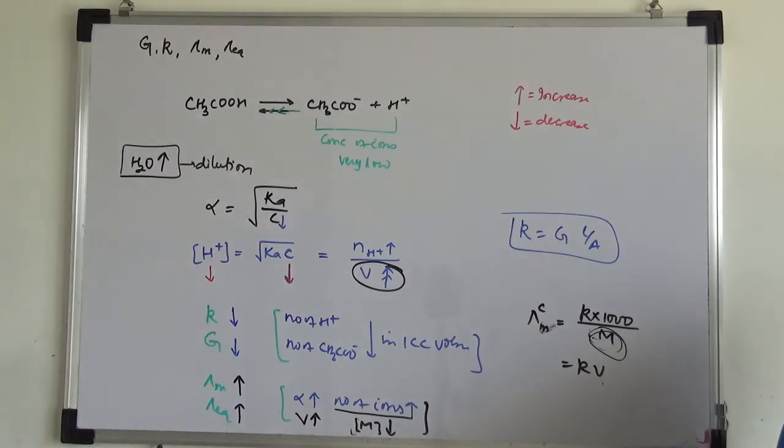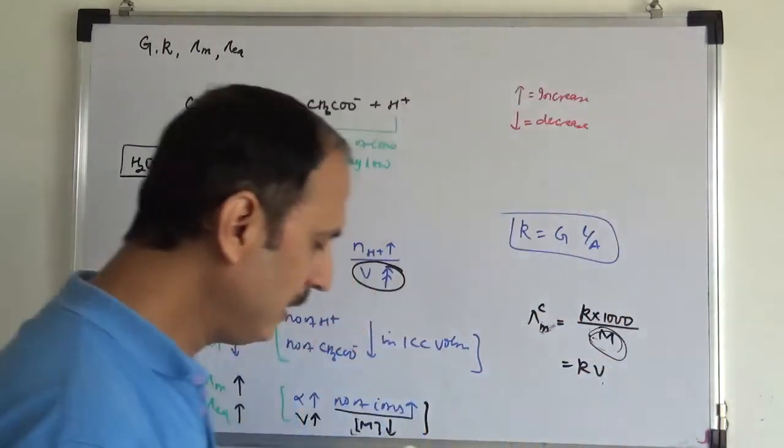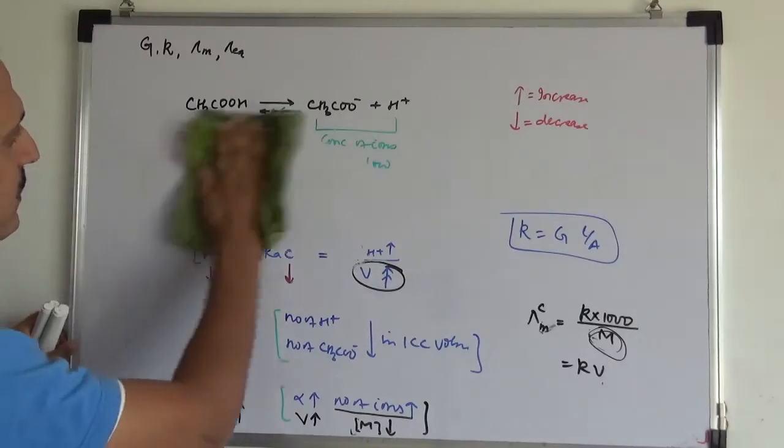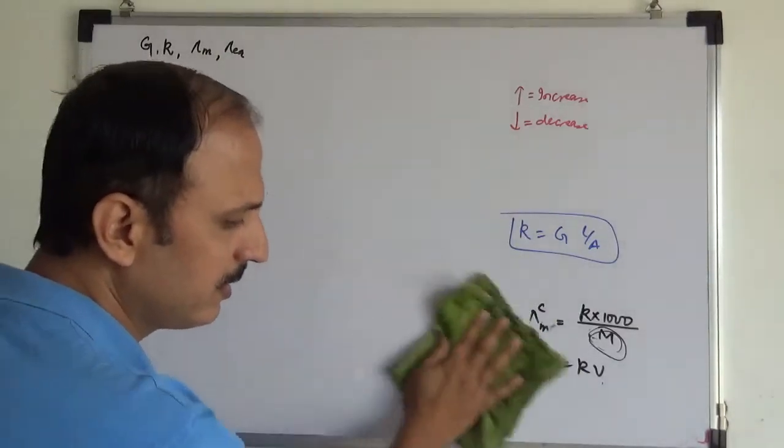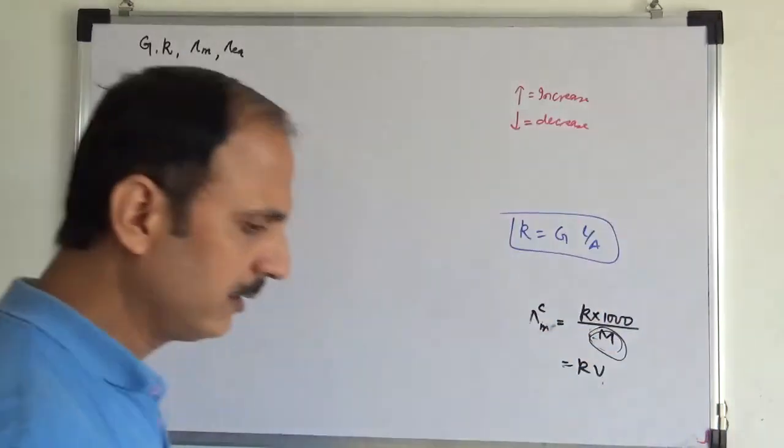Okay. Now experimentally, when we draw the graph, like in the last case we drew the graph, if you draw a graph for a weak electrolyte, it follows like this.